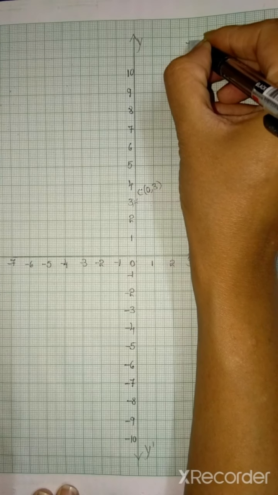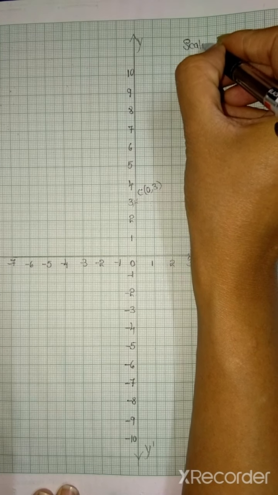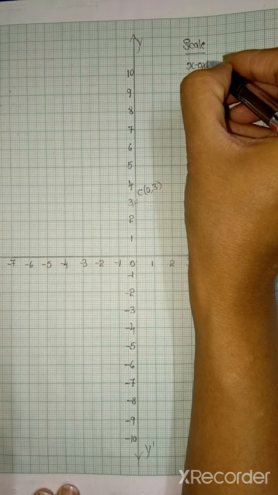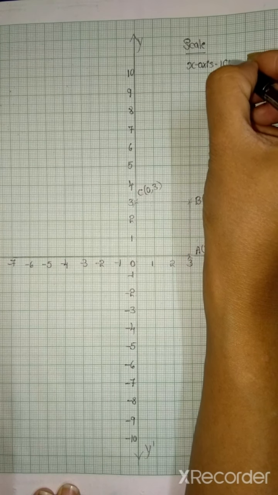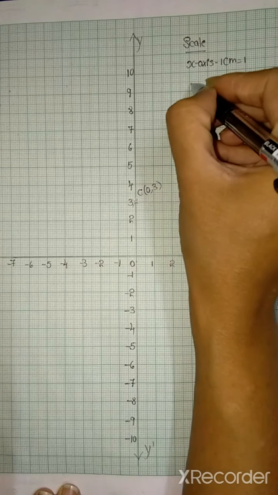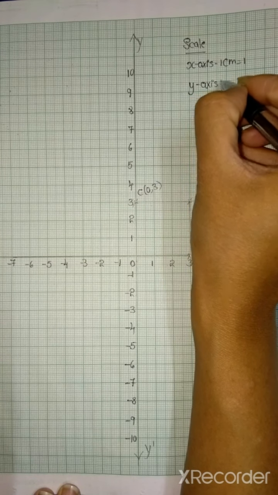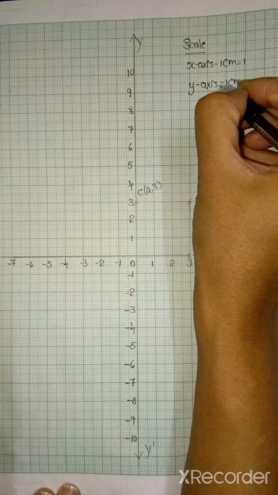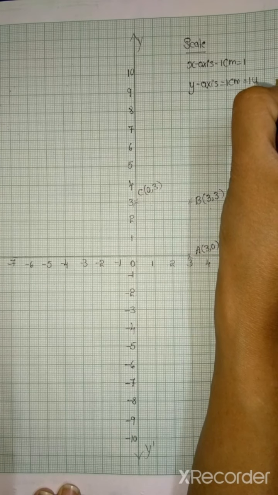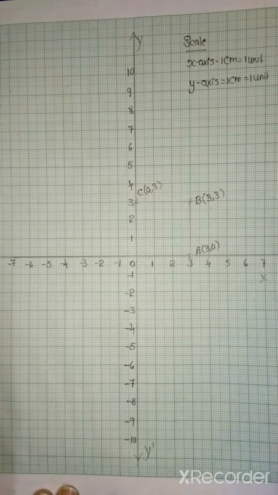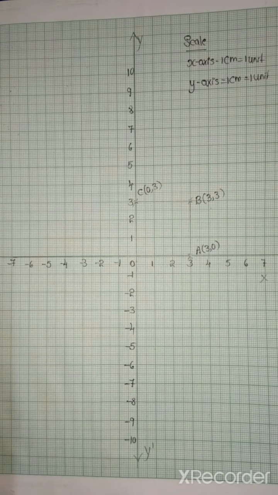So here one more thing, we have to write the scale. So x axis 1 centimeter equal to 1 unit and y axis 1 centimeter equal to 1 unit. So this is the scale. So the figure formed here is a square.